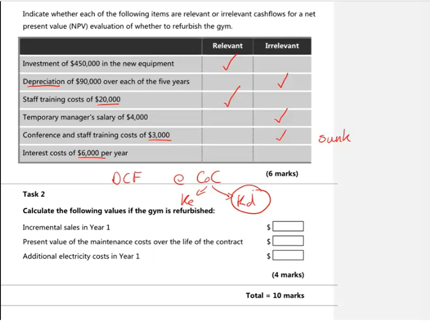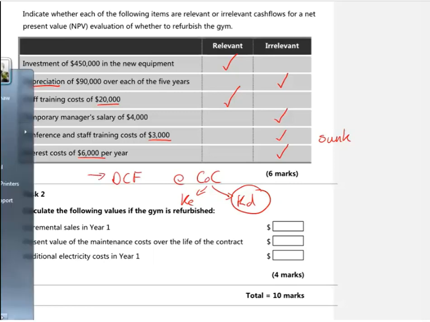So if I were to include the interest cost as well as discounting my cash flows, then I would effectively be double counting the cost of debt. Despite the fact that it seems to meet the criteria of being a future incremental cash flow, we don't include it as a specific line of cash flow, because it's already been included in that discount factor at the end of our calculation.